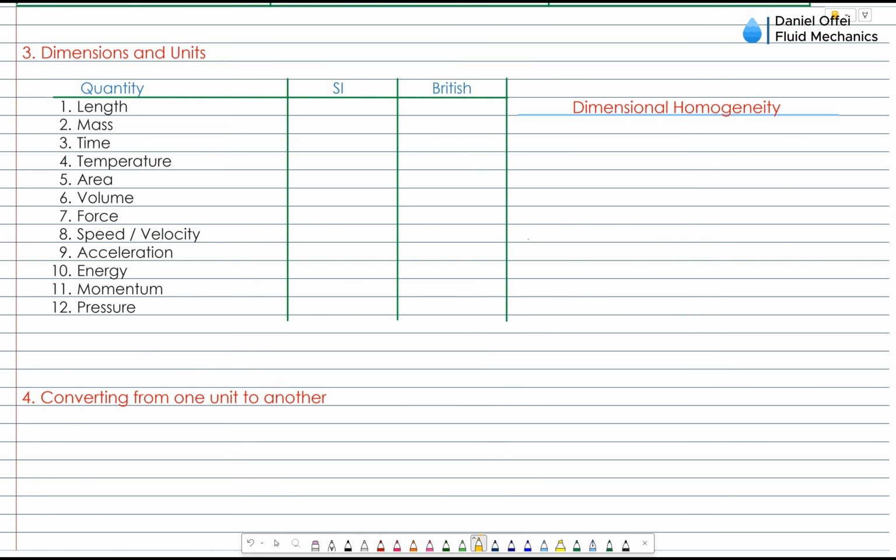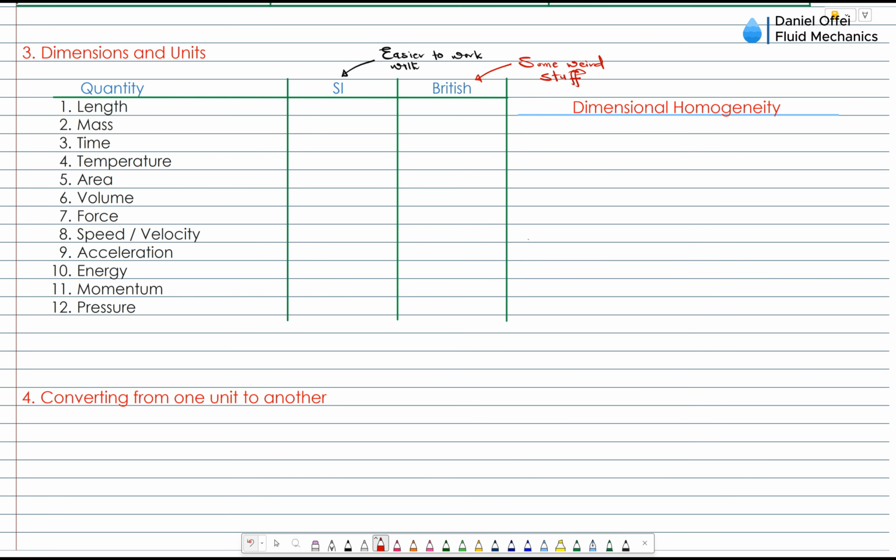Now let's talk about the units of measurement that we might need in fluid mechanics. So basically we've seen some of these things before. We have the SI system, which is very easy to work with. Then the British system, which you have to get used to before you can even use comfortably. So as engineers, we need to study both systems and know how to convert even between the two systems.